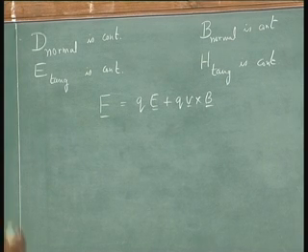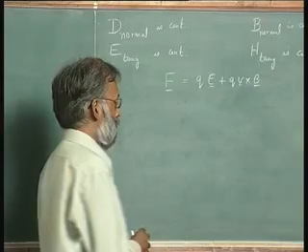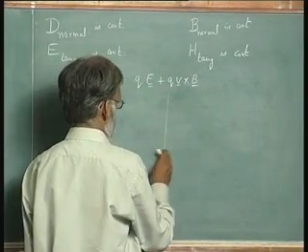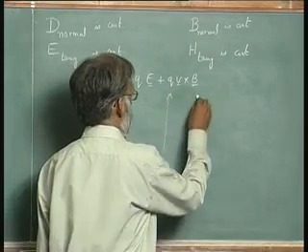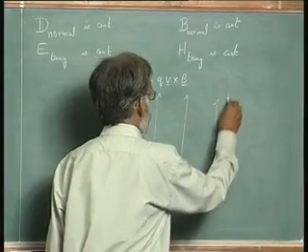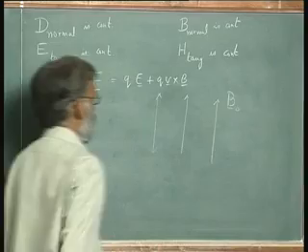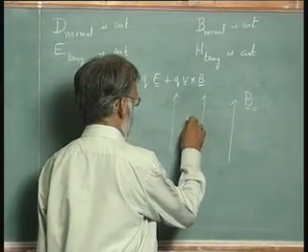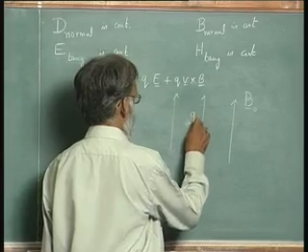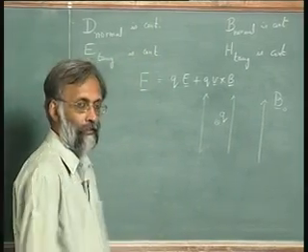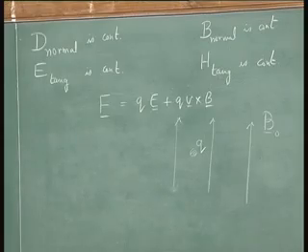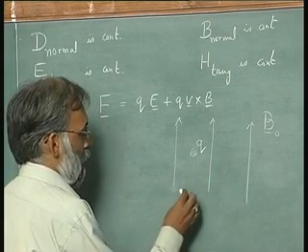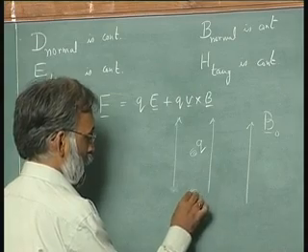Now, let us take a thought experiment. I have a magnetic field, let us say it is a uniform magnetic field B along the z direction, and I have a charge q. And I have another charge q prime.